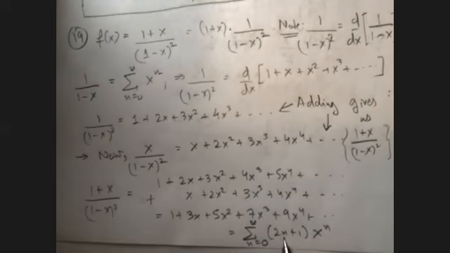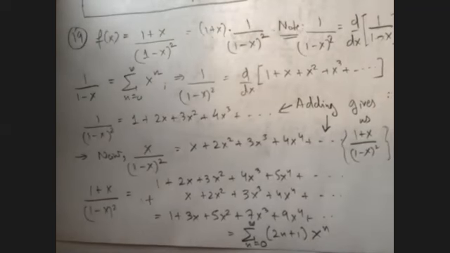When n is 1, you get 3x. N is 2, you get 5x squared. N is 3, you get 7x cubed, and so on. So this is an important problem.